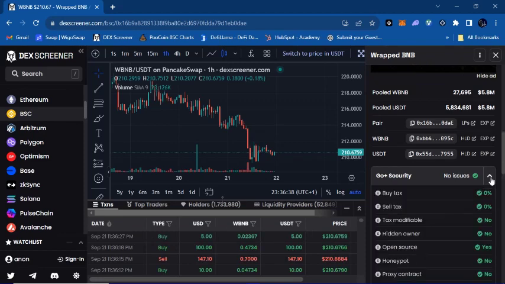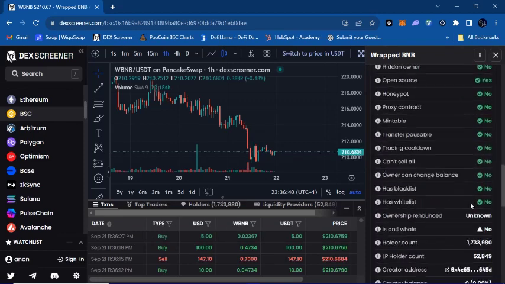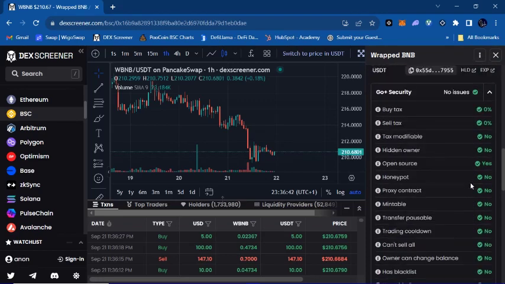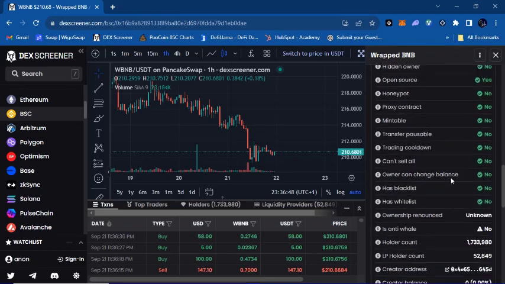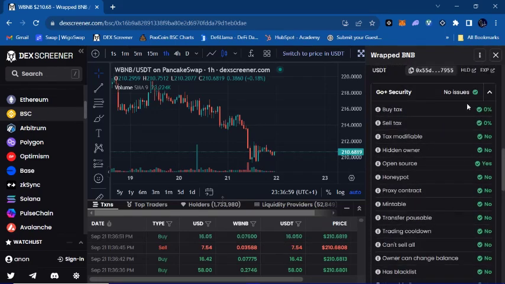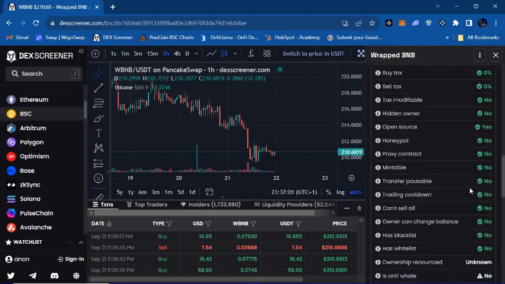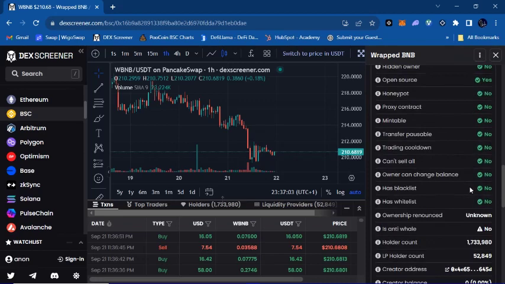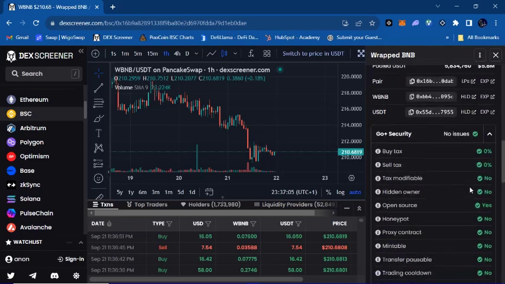Now, if I expand this, you can see everything is green, which shows that the token is very safe. Now, this is very important, especially for degen traders. It's very important that before you ape into a coin or a token, you go over this and make sure that the token you're trading is safe.